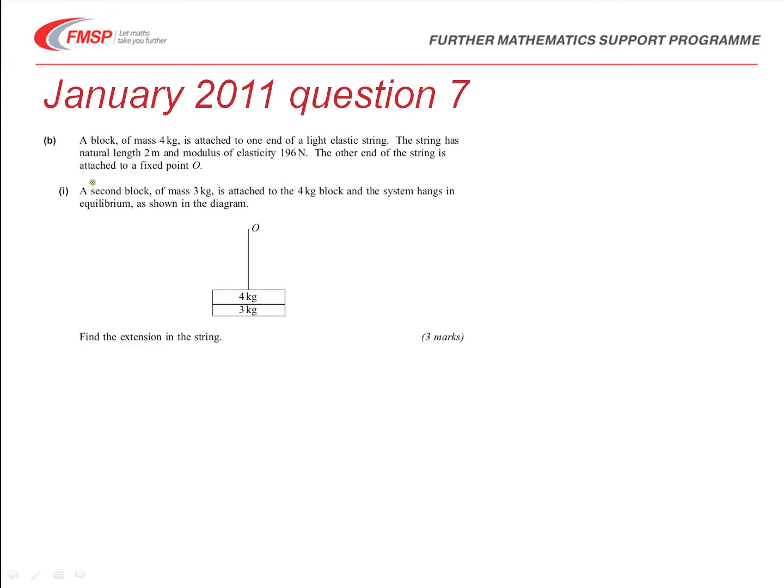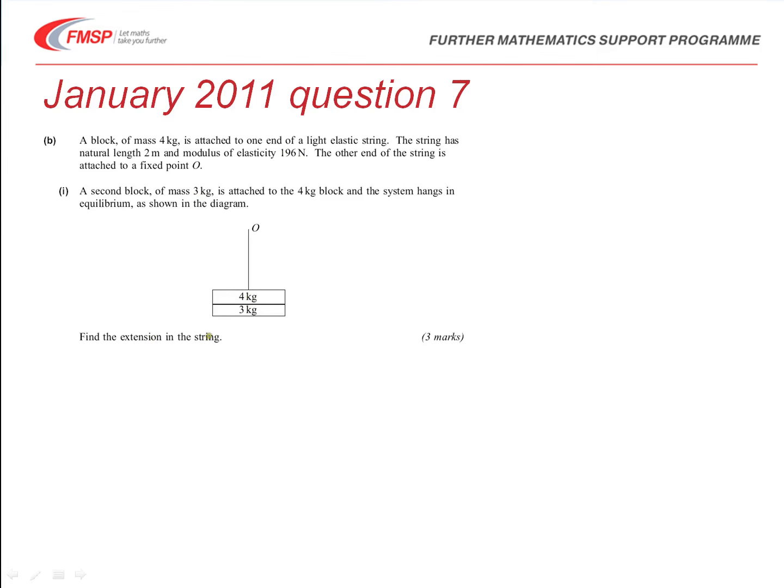Right. Part 2 of the question. It says we've got a mass of 4 kilograms hanging on the end of a light string, natural length 2 meters, modulus of elasticity 196 newtons, and a second block is attached to it of mass 3 kilograms, so in other words we've got 7 kilograms hanging on the end.